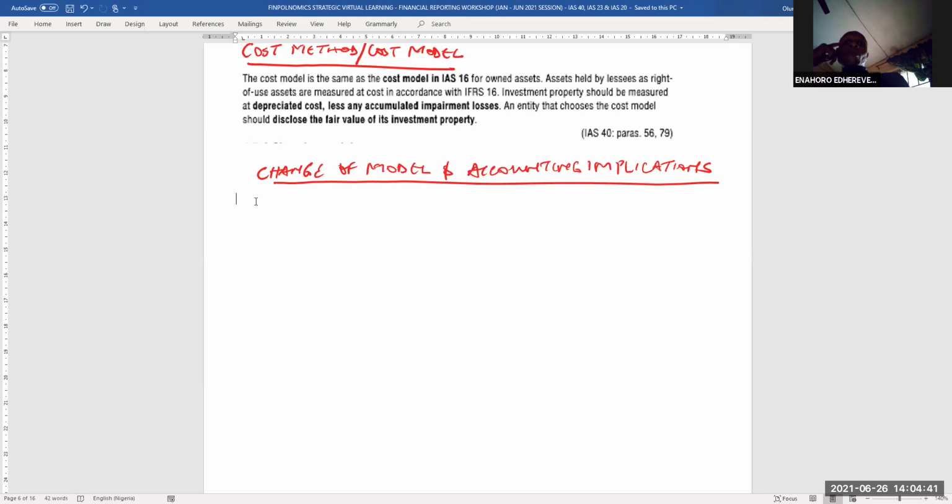And you have to depreciate it, and even subject it to an impairment test. But when you choose the IAS 40 fair value model, one, you will not depreciate. Two, you will not test for impairment, because the fair value loss or gain has taken care of what you need to do at any point in time. Does that make sense, sir?